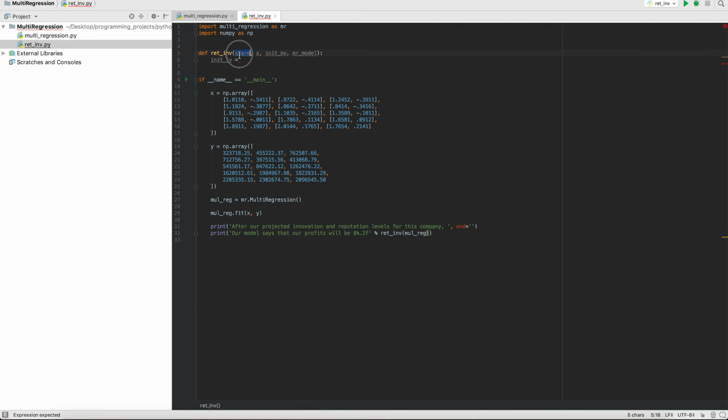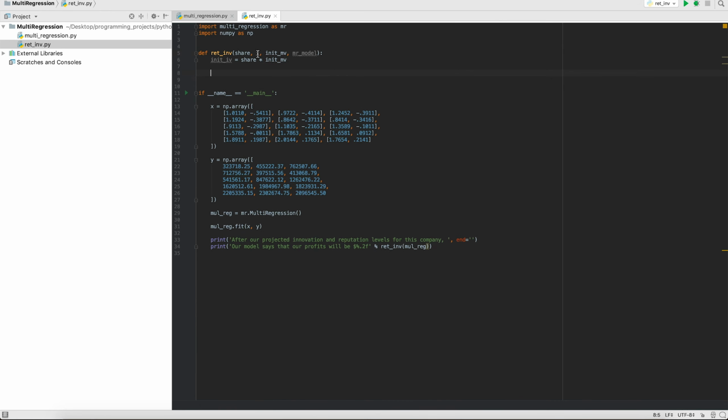This is a number between 0 and 1. So the share times the initial market value. The initial market value here is defined as the market value at the point that you invested. So the X represents one of these pairs, with the reputation and innovation levels.